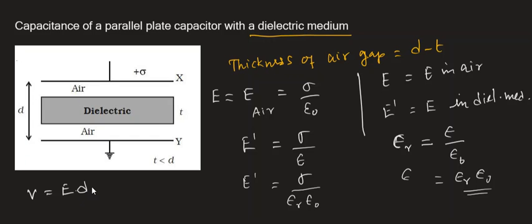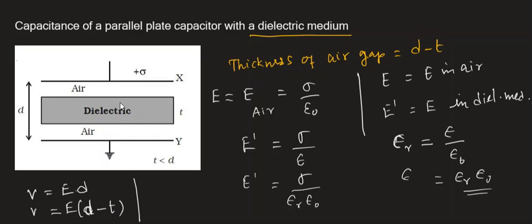So in the first case, you had to consider the air column, means you had to subtract this one, and therefore in the first case, that is in presence of air only, potential will be E into, instead of D you have to write D minus T, is it not? Because you have to exclude the dielectric medium.